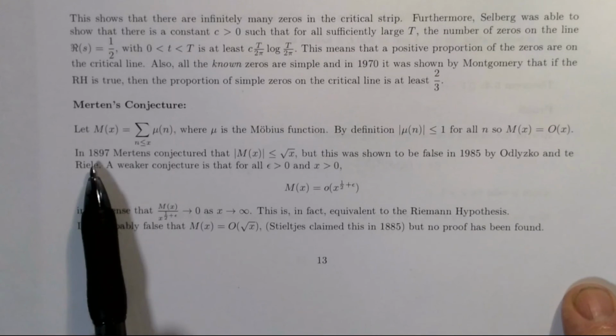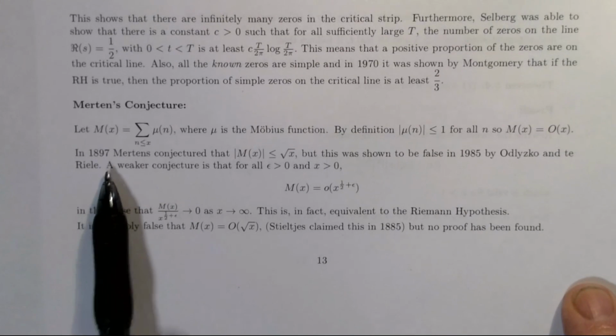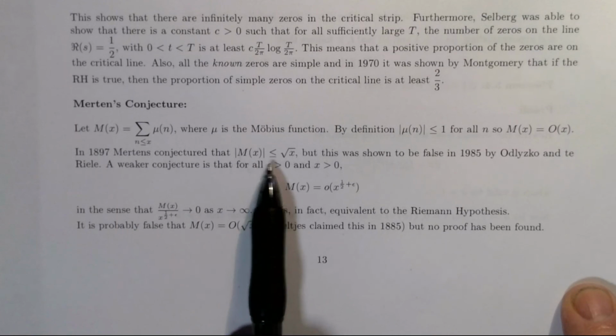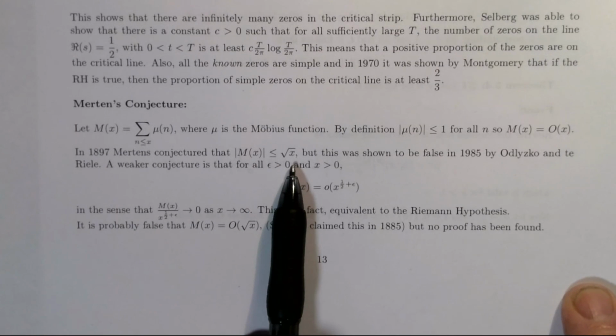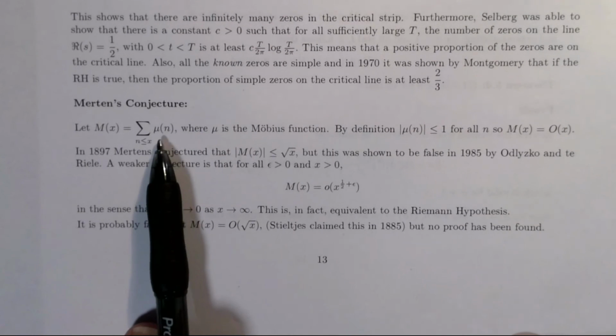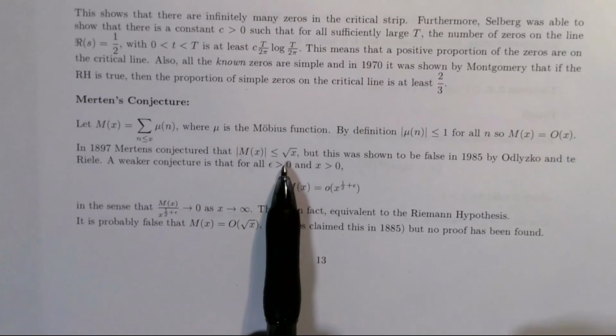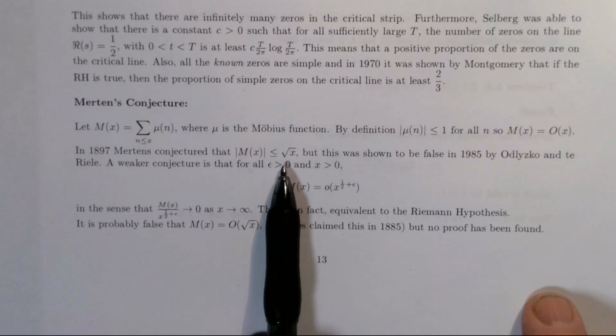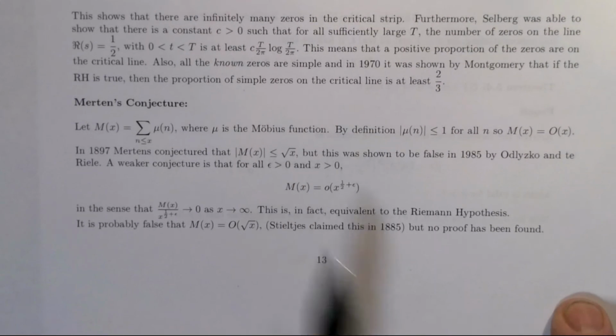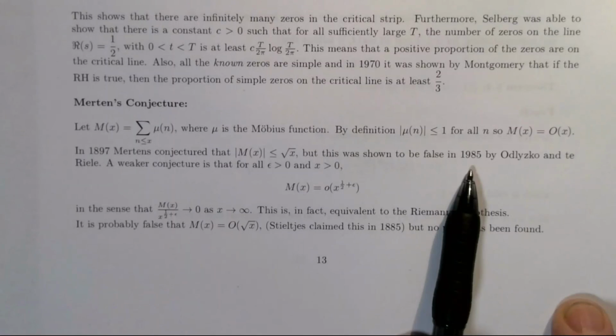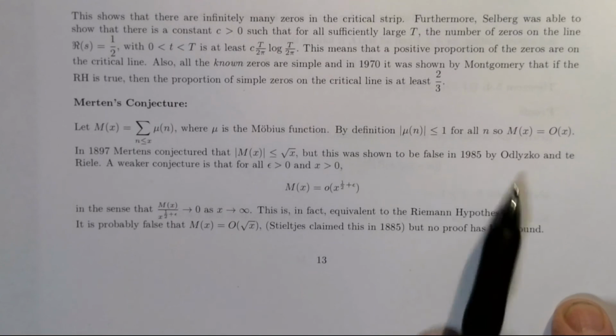Back in 1897, Mertens conjectured that the size of this was less or equal to root x. It was an obviously interesting question to look at the partial sums of this, and he claimed it was less or equal to root x. But unfortunately, nearly 100 years later, it was shown to be false, in 1985, by Odlyzko and te Riele.